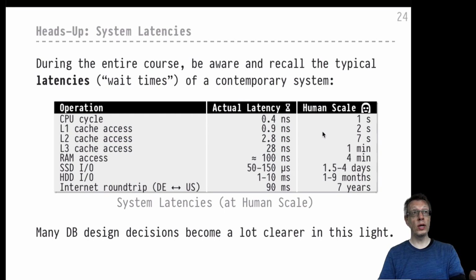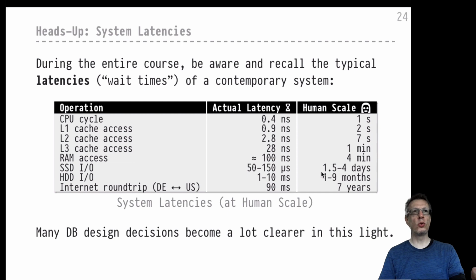L2 and L3 cache access would last 7 seconds or 1 minute already. RAM access 4 minutes. SSD and HDD access would be measured in days, weeks and months of waiting time before the first information could be transferred.